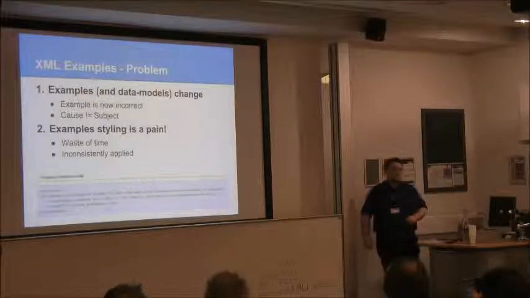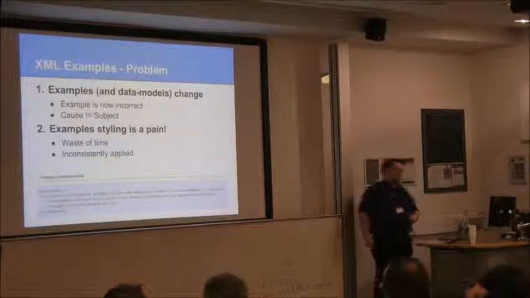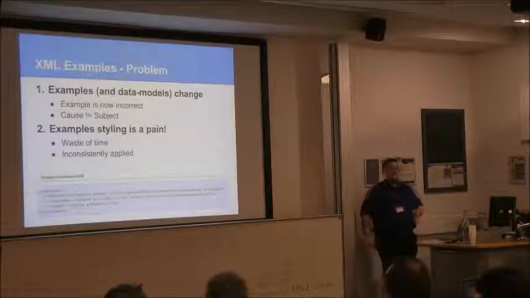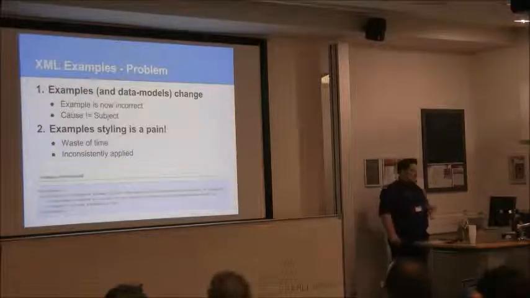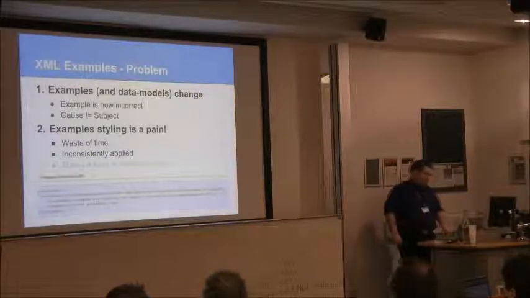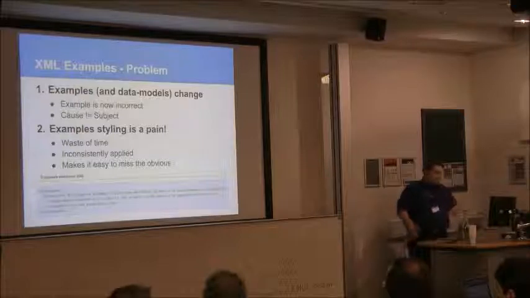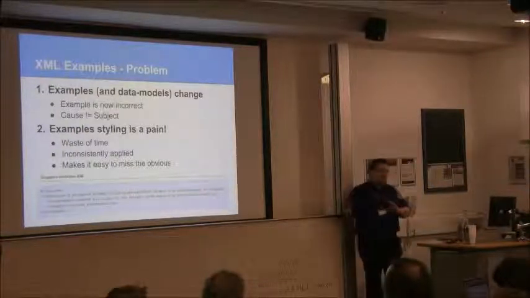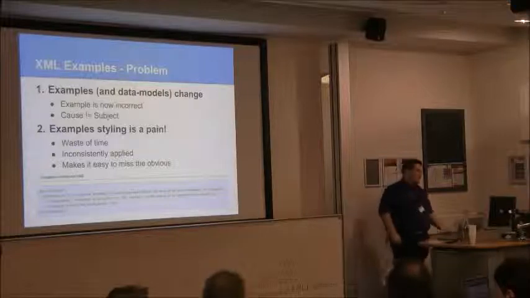It's also inconsistently applied, because every data engineer has the way he thinks it should be styled. We've all got different colours in our Oxygen customizations, and everyone just copies and pastes straight from theirs. The other thing is that because it's obfuscated into an XML serial view, it's very easy to miss the obvious.